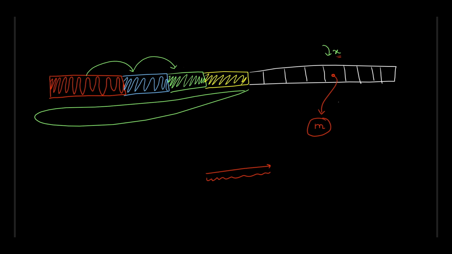So if you set this as a prefix maxima, then previously you were getting contribution from all of these colored blocks on the left hand side, but as soon as you set it to maxima, you would have to give that entire thing away. And for what? Only to get some bit of contribution from here. So in this picture, it might seem that you should never lose this much contribution just for the sake of 4 to 5 contribution from here.